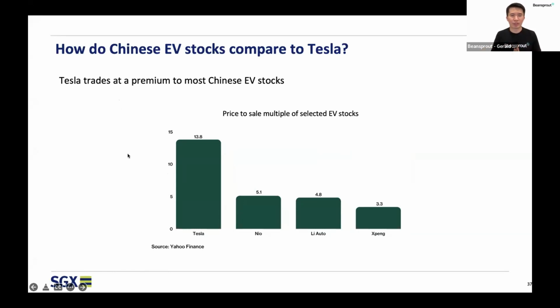Next, we come to the valuation. So we saw that Tesla manufactures more EVs compared to the 3 that we are looking at here. It also has a higher gross margin compared to the 3 Chinese EVs.